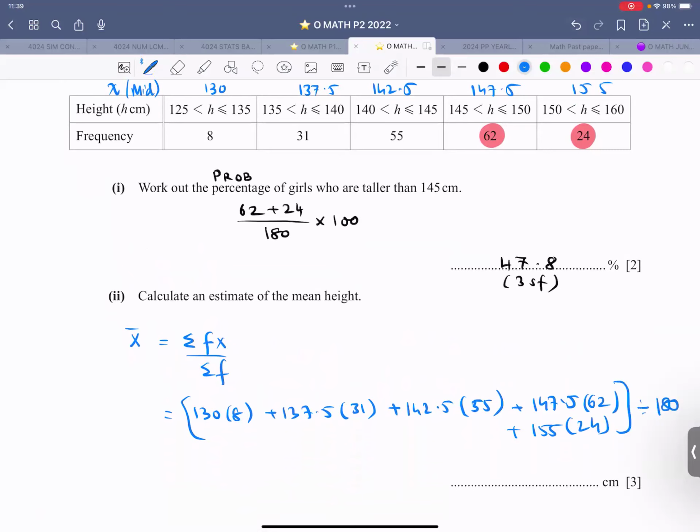You naturally have to use a calculator, and this value rounds off to 144. Again, this is a rounded off value, so do write 3 significant figures.